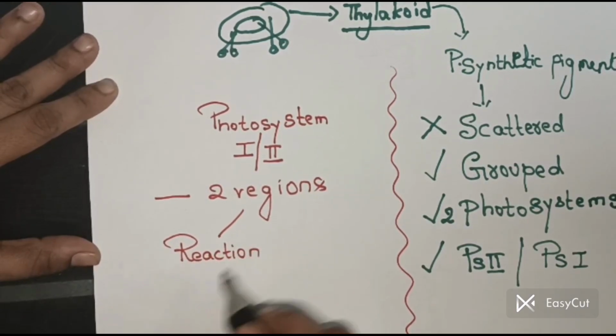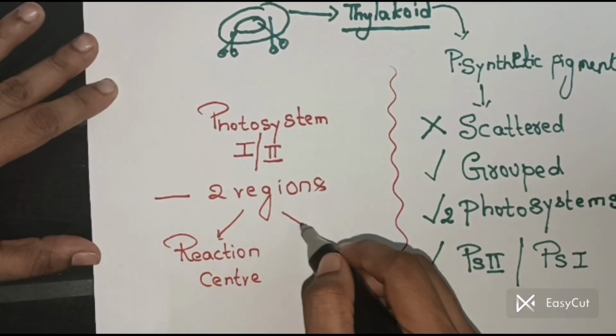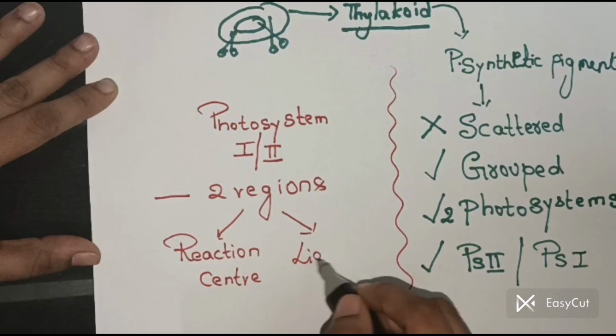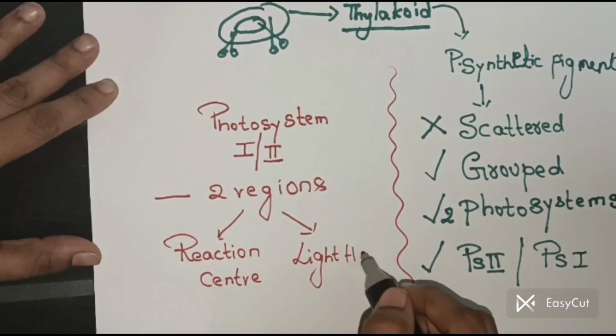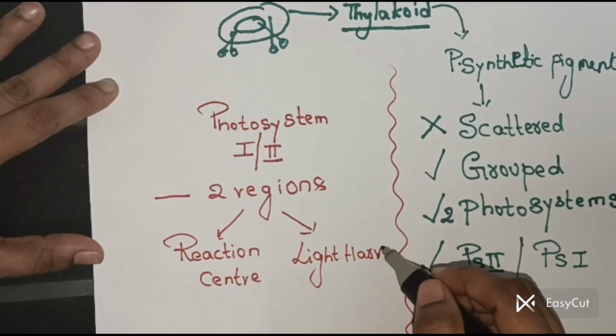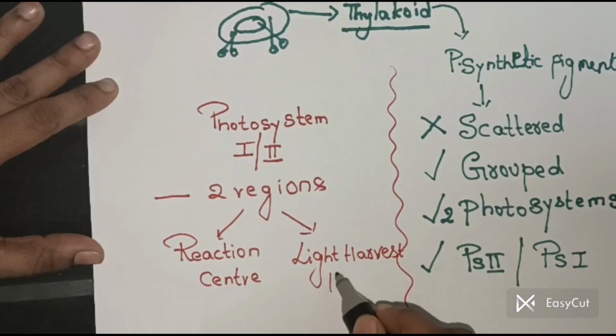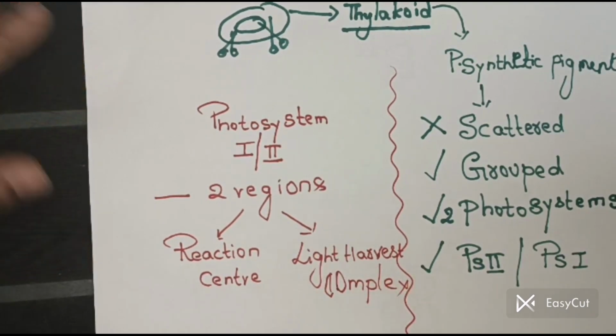I'm going to make a video on this in upcoming sessions. Another one is the light harvesting complex, LHC. So each photosystem constitutes two regions: one is the reaction center, the other one is the light harvesting complex. Please don't forget about it.